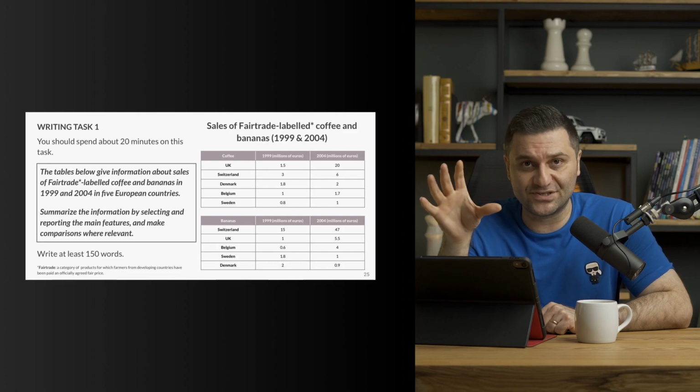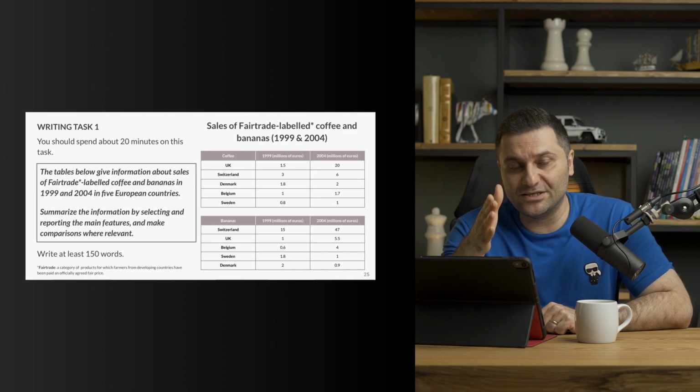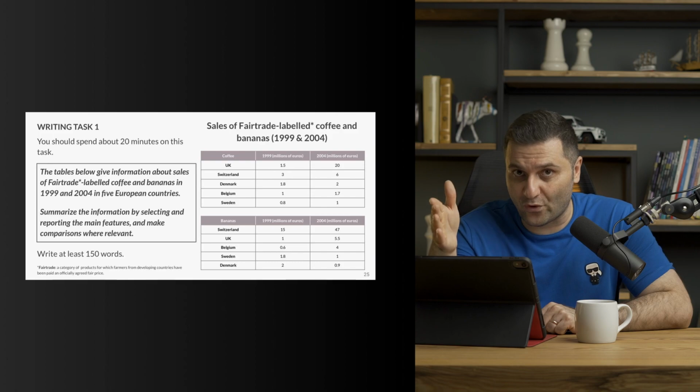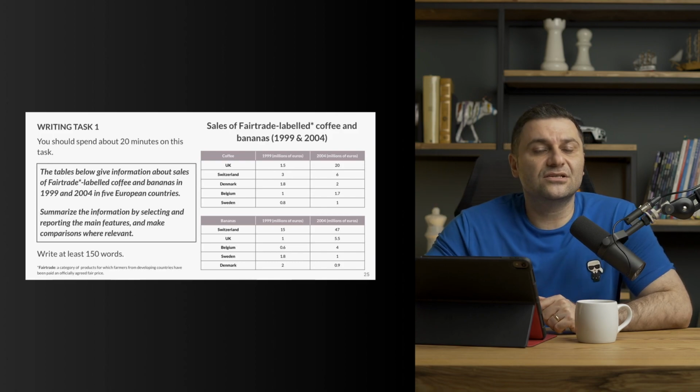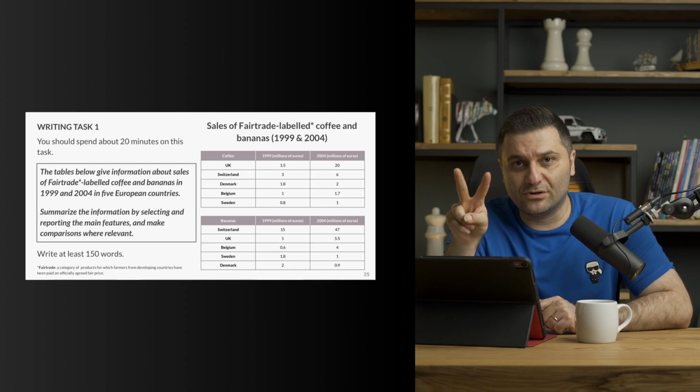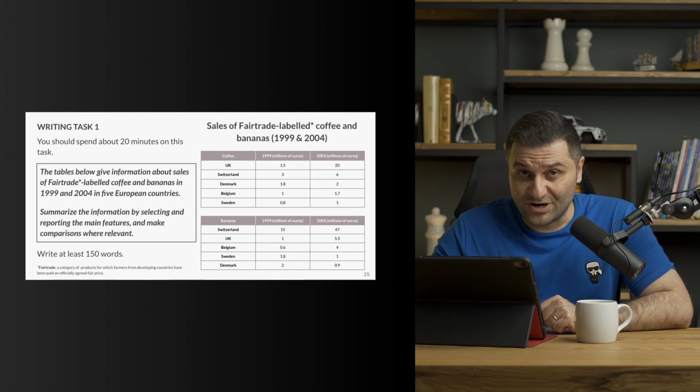So we have on our first table coffee and then bananas in 5 different countries in 1999 and 2004. So again, you will see that you should compare, let's say, the data in 2 years, 1999 and 2004. This is another type of trend.